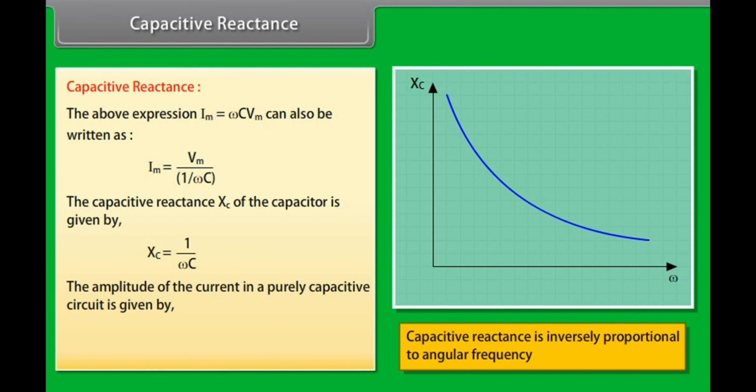The amplitude of the current in a purely capacitive circuit is given by Im equals Vm upon Xc, or Irms equals Vrms upon Xc.